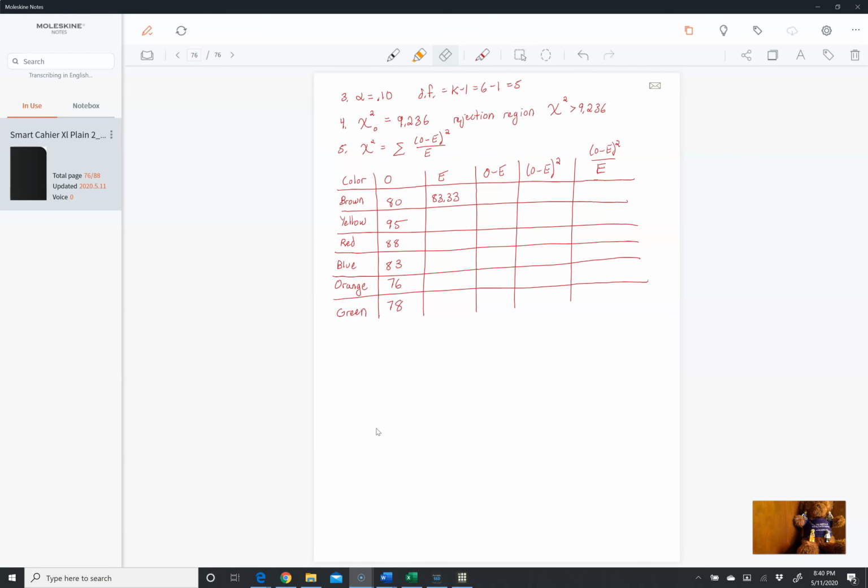We took 500 divided by 6 so that those 500 M&Ms were evenly distributed into our 6 categories. And again, we can use a decimal. Okay. It is okay for our expected to be a decimal. If it doesn't have to be, then round. But here, it doesn't hurt for it to be a decimal. We're not talking about people. We're talking about M&Ms.